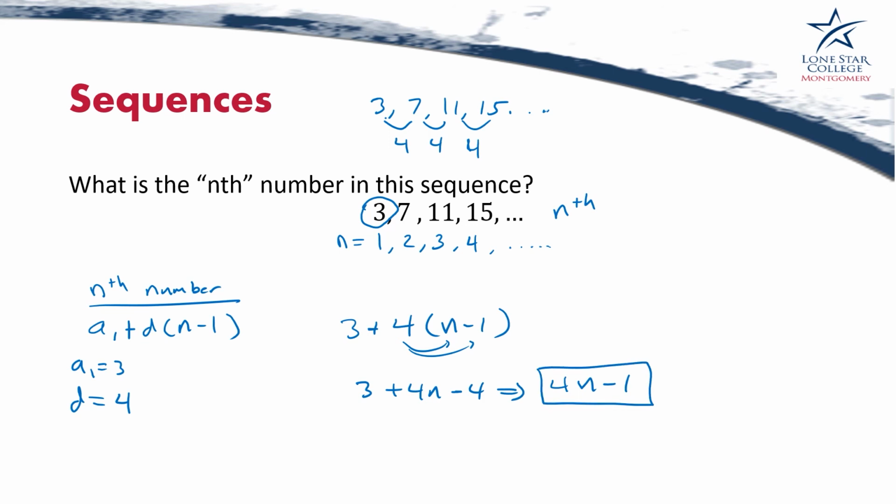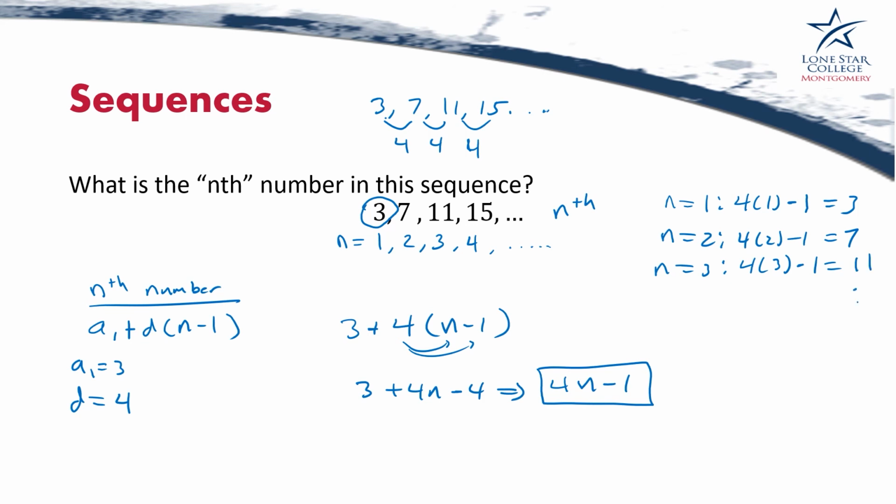And it should work, because if you test it out, let n be 1. That would be 4 times 1 minus 1. That gets you 3, which is our first number in our sequence. n is 2. 4 times 2 minus 1 equals 8 minus 1 is 7. Second number. n equals 3. 4 times 3 minus 1, which is 12 minus 1, which is 11.